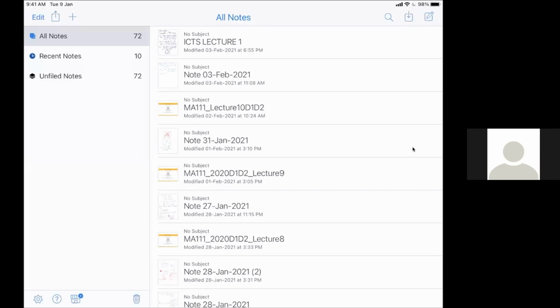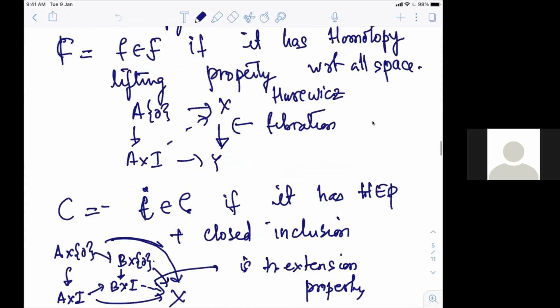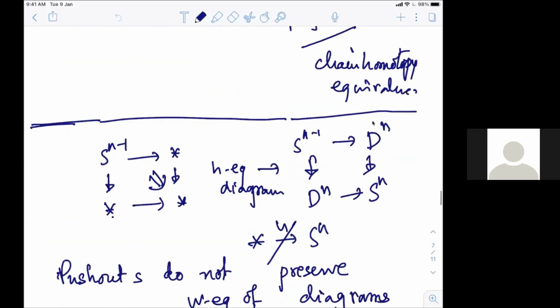There's one more question by Parthapratim Ghosh, and there's a comment by Shurujit. What about the equivalence? I think maybe I need them to be between cofibrant objects or fibrant objects. Is that what you're asking?